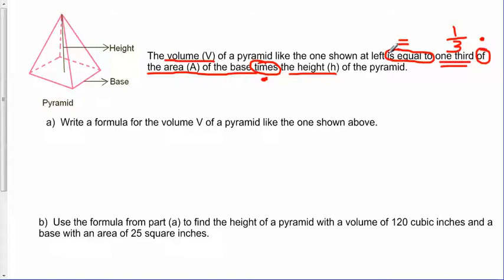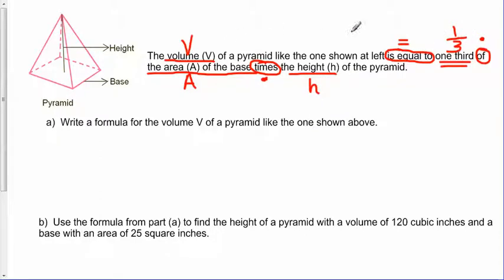So by just reading this sentence very slowly and carefully and making some notes to myself as I go along, we can basically figure out what our formula is going to be. Here we were talking about the volume V. Here we were talking about the area A. Here we were talking about the height, which we're calling H. Here's all of my pieces.